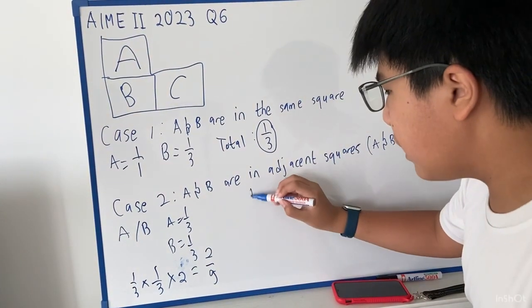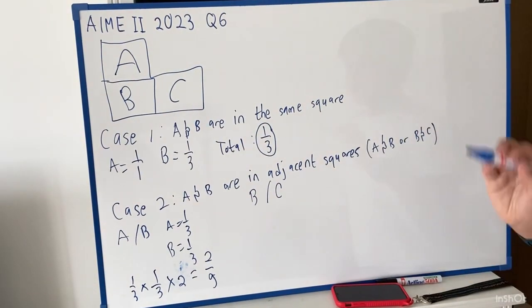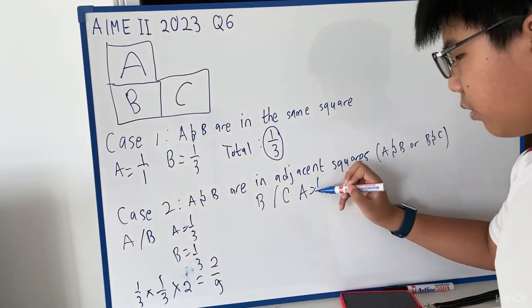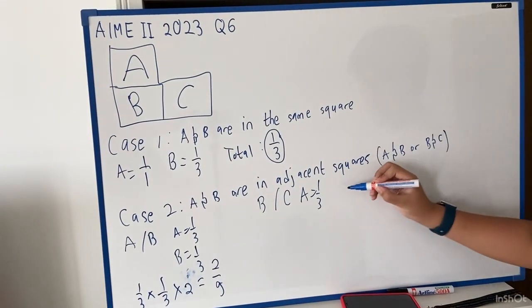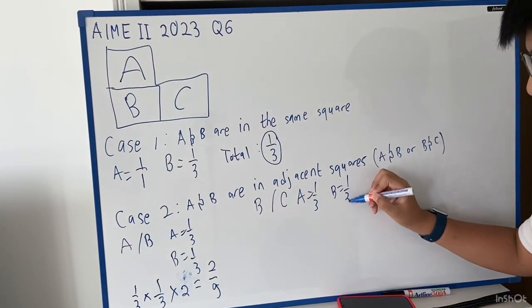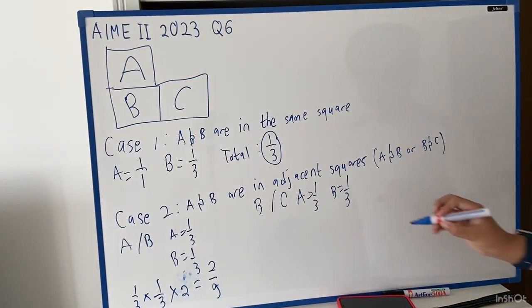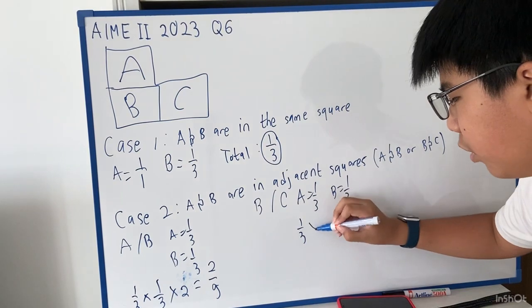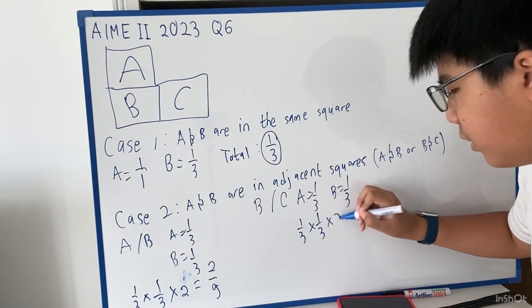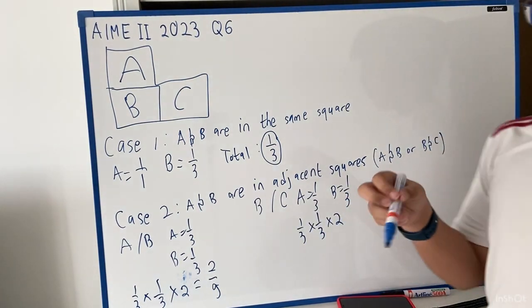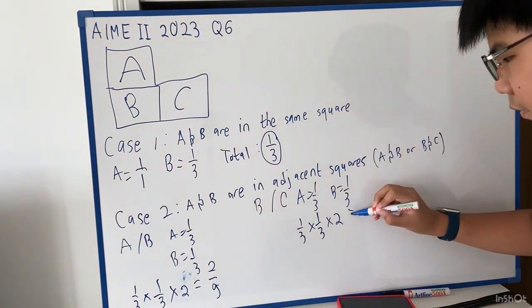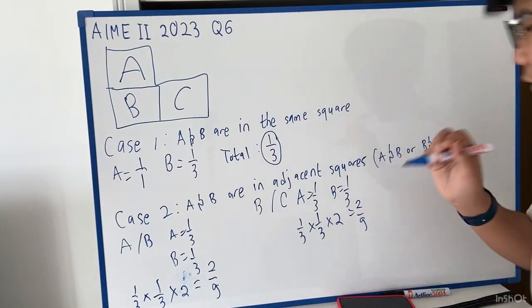Okay, what about B and C? Same logic. A has a 1 in 3 chance of being at the correct square. B has a 1 in 3 chance of being at the correct square. And then the chance is 1 over 3 times 1 over 3 times 2, because of the ordering. So therefore the chance for the subcase is 2 over 9.